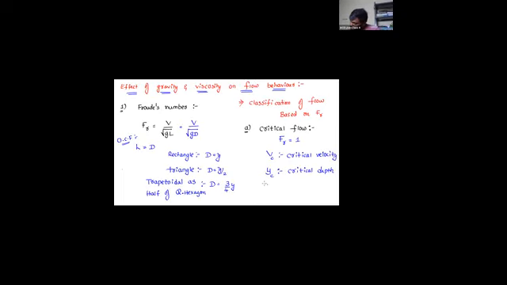Can I write this as Vc squared by g equals Dc? What is meant by Dc? Hydraulic depth at critical state. And in turn the hydraulic depth depends upon the depth of flow only. Is there any other parameter in hydraulic depth? No, that's average depth. Whether it's a rectangle, trapezoid or whatever it may be, it is a direct function of y.